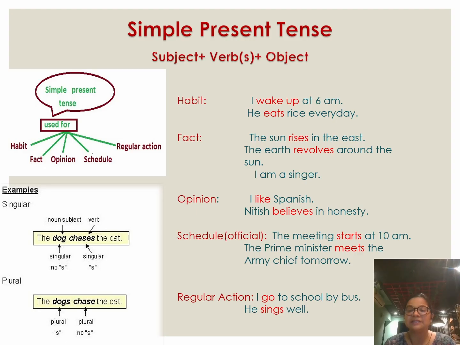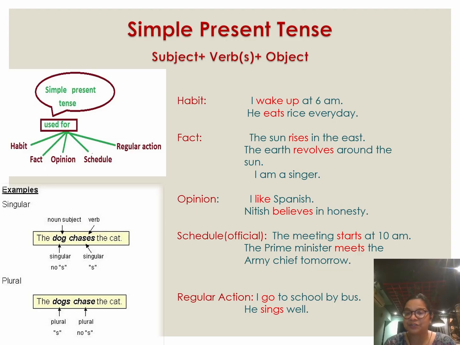If it is first person singular or plural, second person singular or plural, or third person plural like they, then we will use only the verb. But if we have third person singular number, then we will use s, and then there will be an object depending on the sentence. The dog chases the cat. The dogs chase the cat. So the dog is singular, so it becomes chases. And when it becomes plural, the dogs chase the cat.